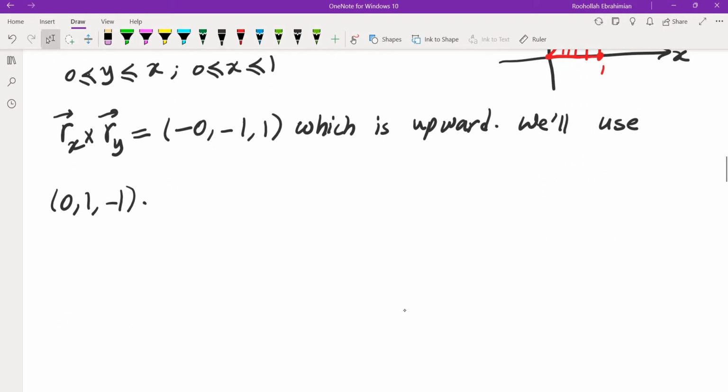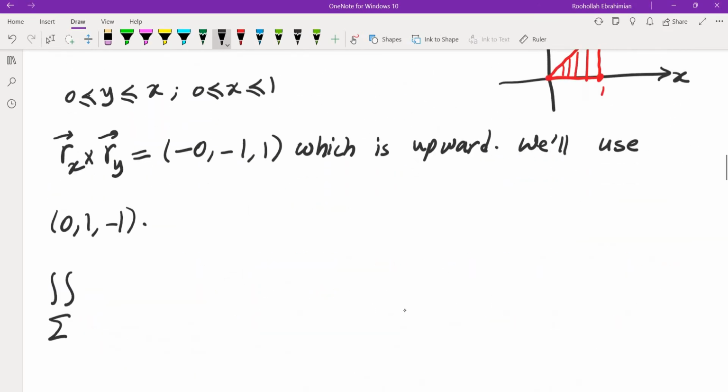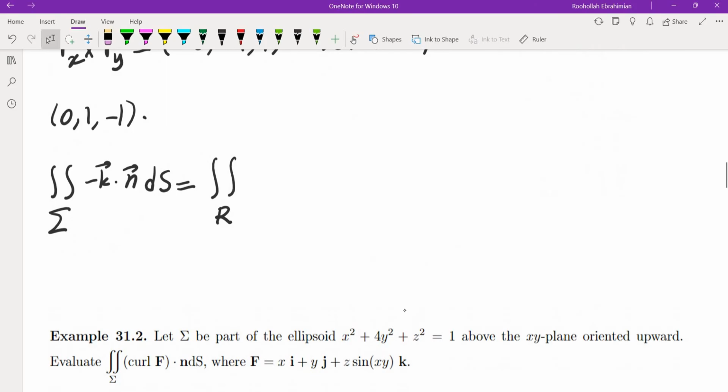And if we do that, the surface integral of negative k dot n dS becomes the integral over this region R, so let's call this region R, of negative k dotted with this vector, which is (0, 1, negative 1), dS, or dA rather, because we're going to two dimensions now.